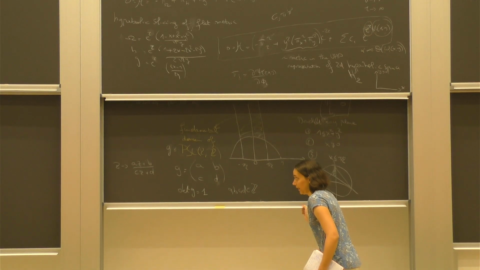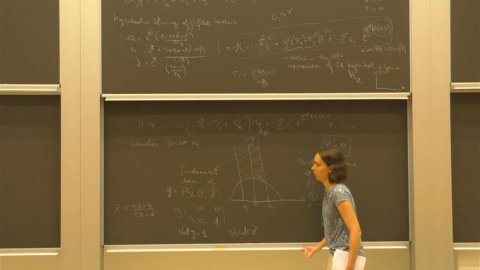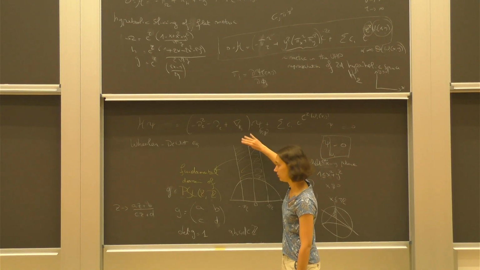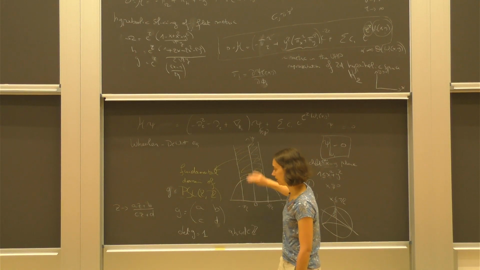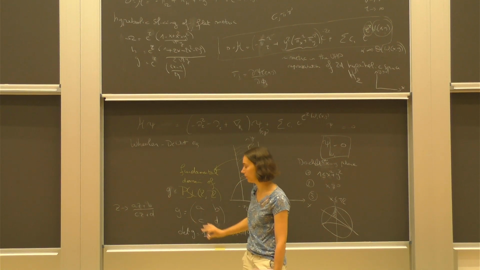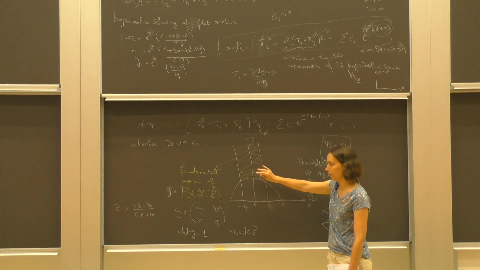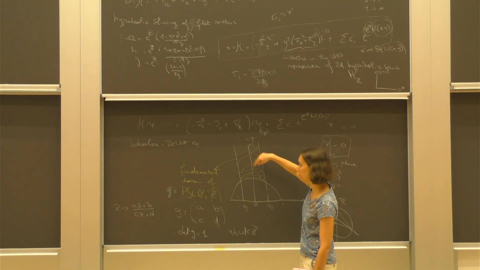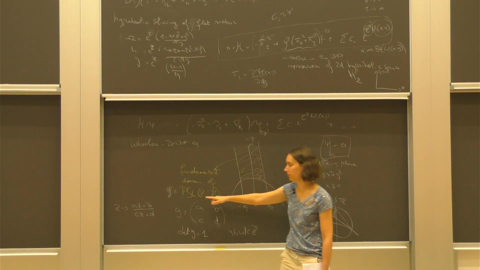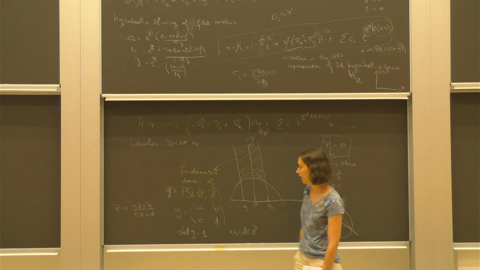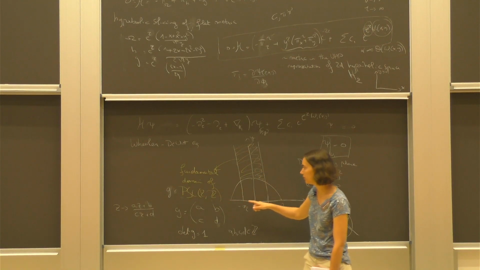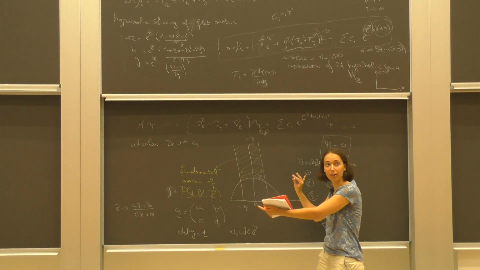And the claim, which is not something we'll check, but it's a well-known fact, is that this domain here, the yellow part, is exactly the fundamental domain of this group. And what does fundamental domain mean? No two points in this fundamental domain are connected by such a matrix. But this domain, when acting with all the matrices of PSL2Z, tessellates the whole upper half plane.